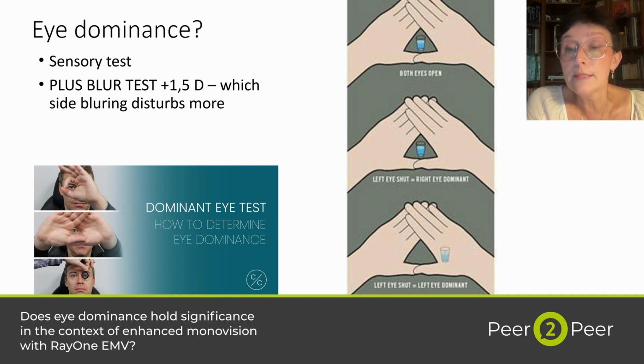And the sensory tests are just depicted on those two graphs. I'm mostly using the hand triangle test, asking the patient to make a triangle from the hands and look with one eye first and then the other at a big object like a big E on the optotype screen in my office.